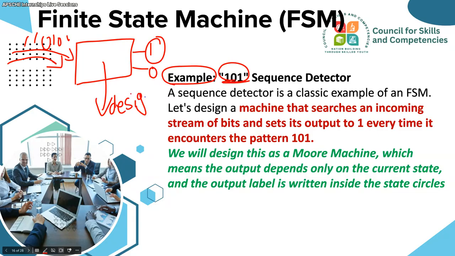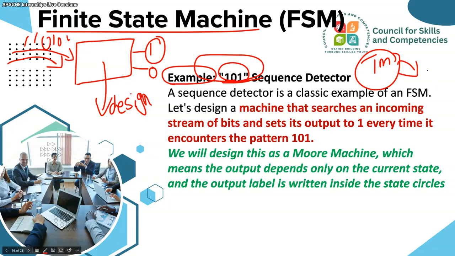Try to understand the problem. The first step is very important. You want to understand the problem so you will be able to understand this finite state machine. The same sequence detector, tomorrow also I will be teaching, but I will combine all the things: Mealy and Moore machine, with overlapping and without overlapping.